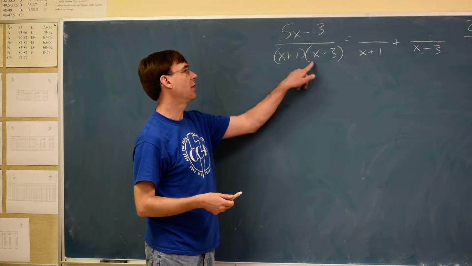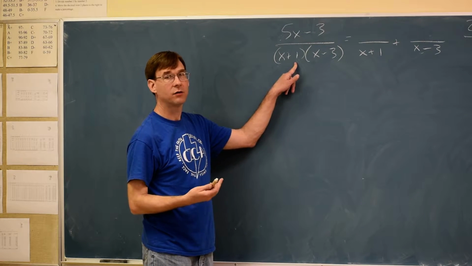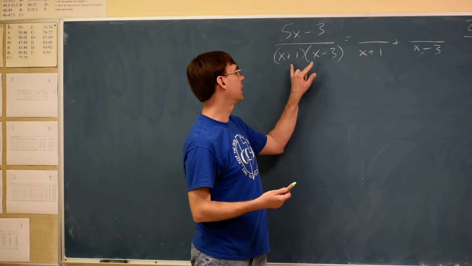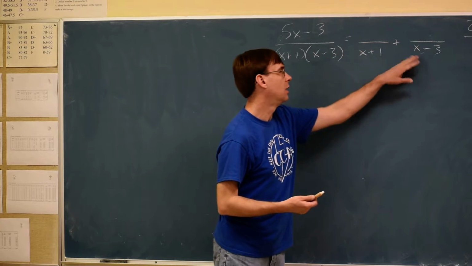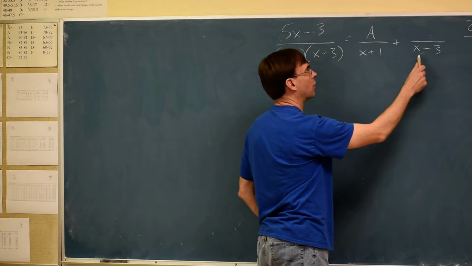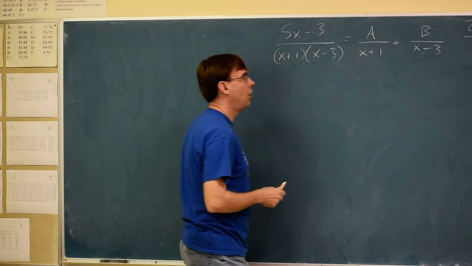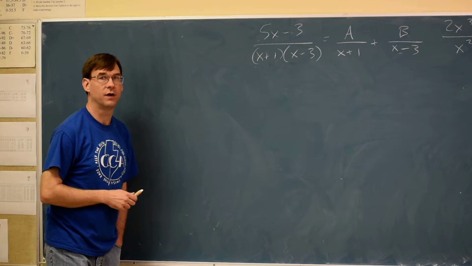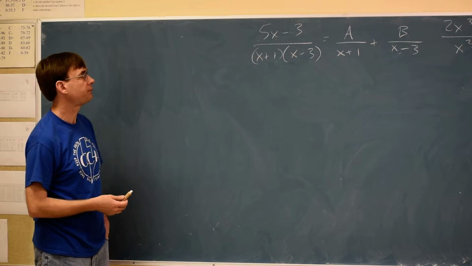That's how this turned out to be the denominator after we added them. So we're going to take these two denominators and put 1 in each fraction. The top is a mystery to us for now, so I'll call this A, and I'll call this B. And what we're trying to do is figure out what's the A and what's the B.